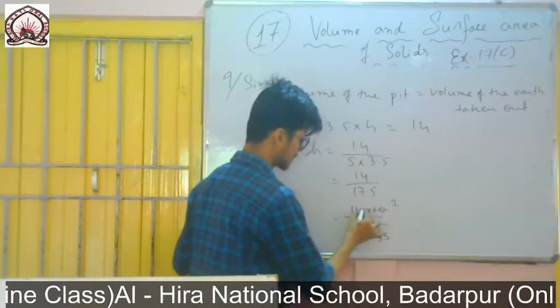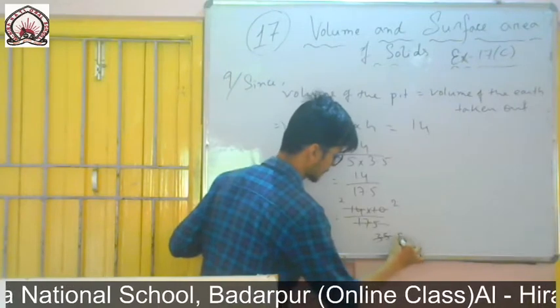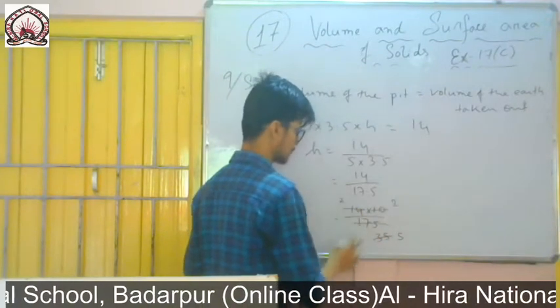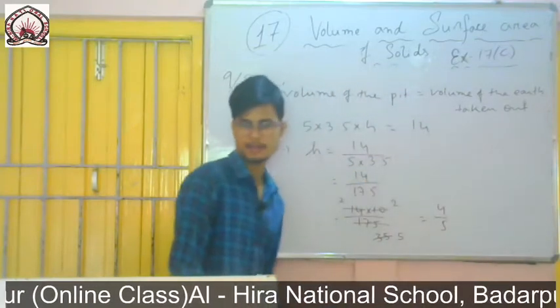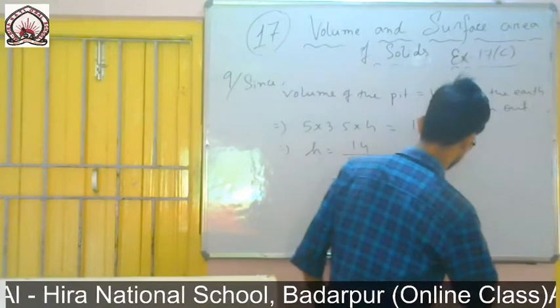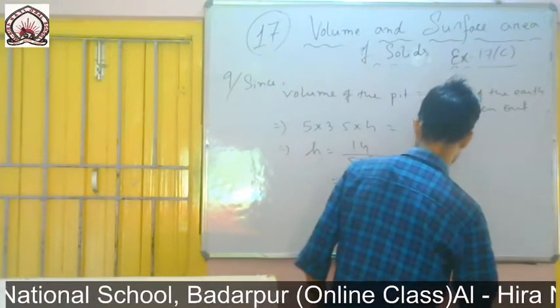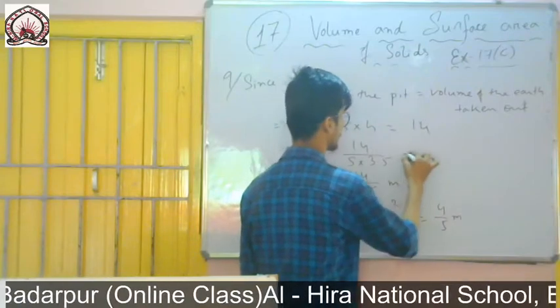With 7 I can cancel this one, 7 2s are 14, 7 5s are 35, so 2 2s are 4 divided by 5, 4 by 5. Unit will be meter in each and every case because we are finding it for height.